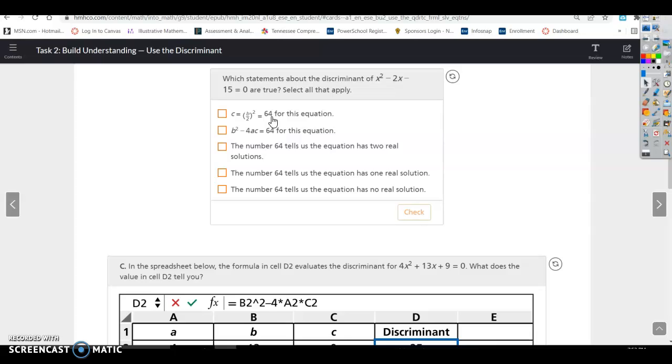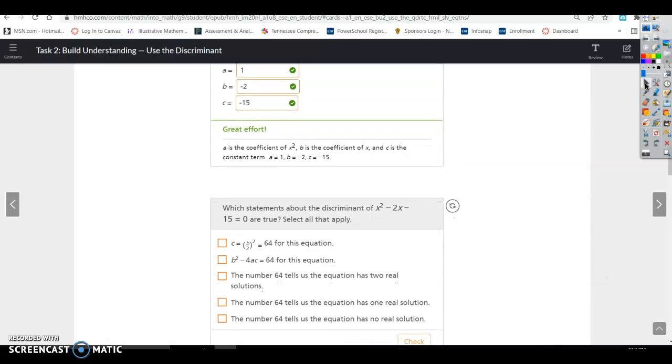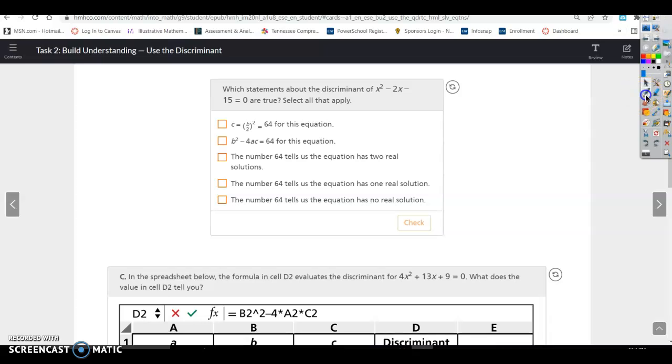For the second one, it says b squared minus 4ac equals 24. So let's check. This is the same equation, so we'll just rewrite our a, b, and c. So a equals 1, b equals negative 2, and c equals negative 15. The negative is here, but don't forget that that is negative 15.